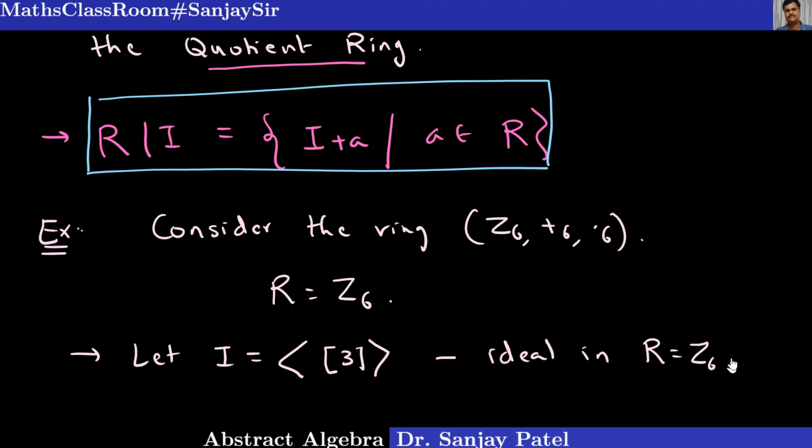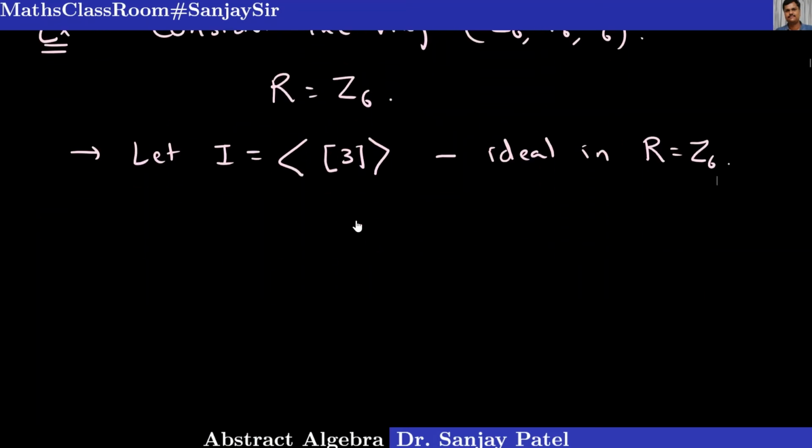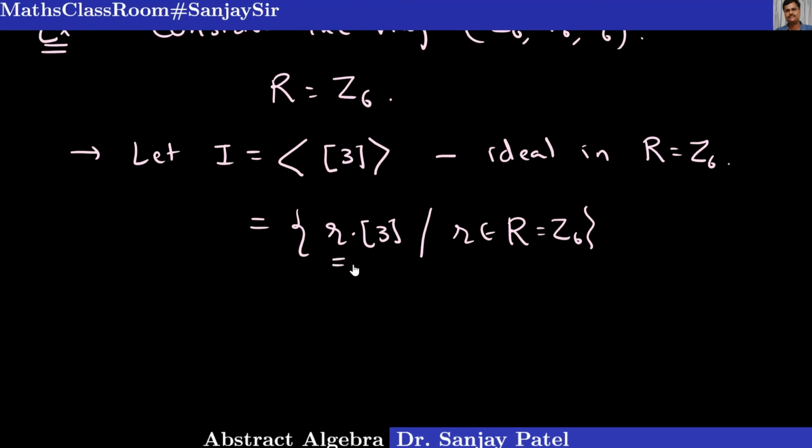If you want to find this, we know the definition of this principal ideal is R into A. Here A is 3, where R belongs to Z6. And what are the elements of Z6? It is class 0, class 1, class 2 up to class 5. So you have to put R equal to 0, 1, 2, 3 and so on up to 5.